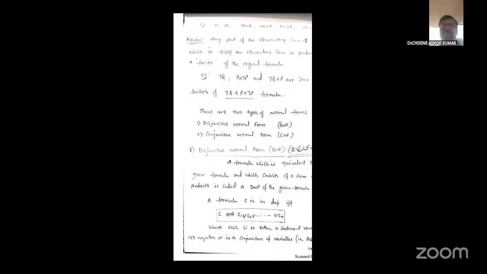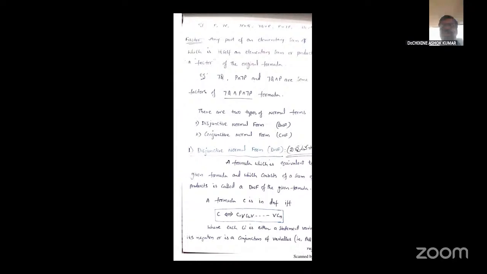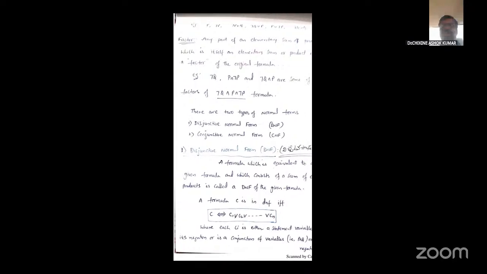The individual C1, C2, Cn values are products of statements, variables, or their negations, or conjunctions of variables.